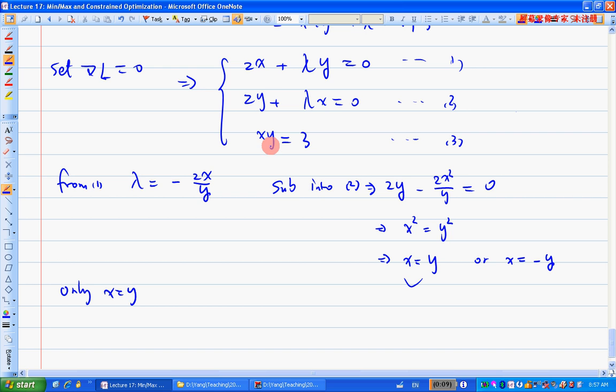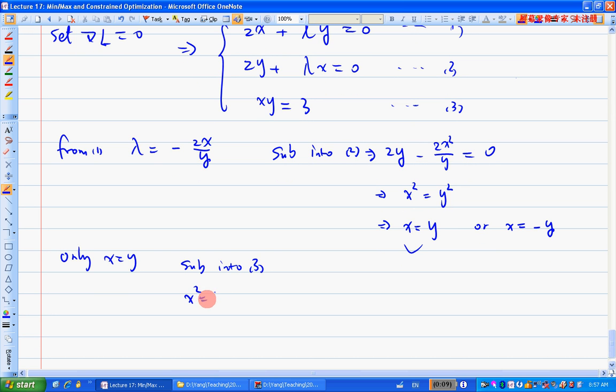If x equal to y, then I substitute that into 3, and we end up with x squared equal to 3. Which means x equals positive or negative root 3.